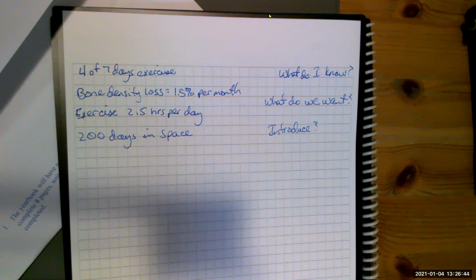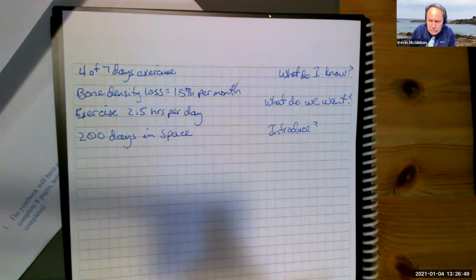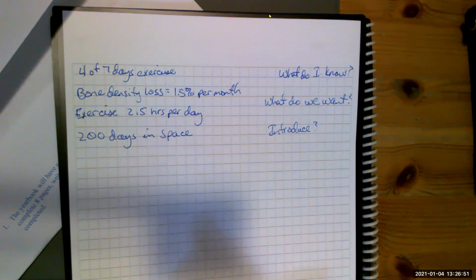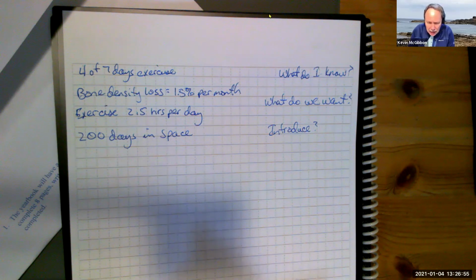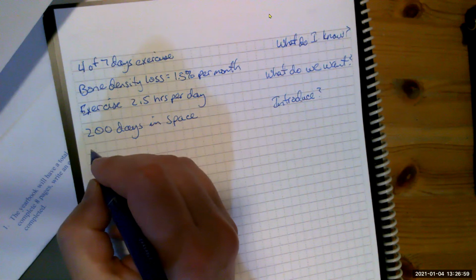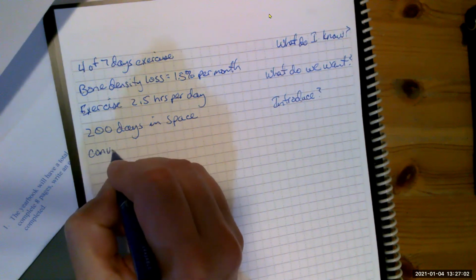You could divide 200 by 30. Oh, why 30? Oh, it's because there are about 31 days in a month. Okay, so the average month is 30 days? Yeah, and that would be around 6 months in space.